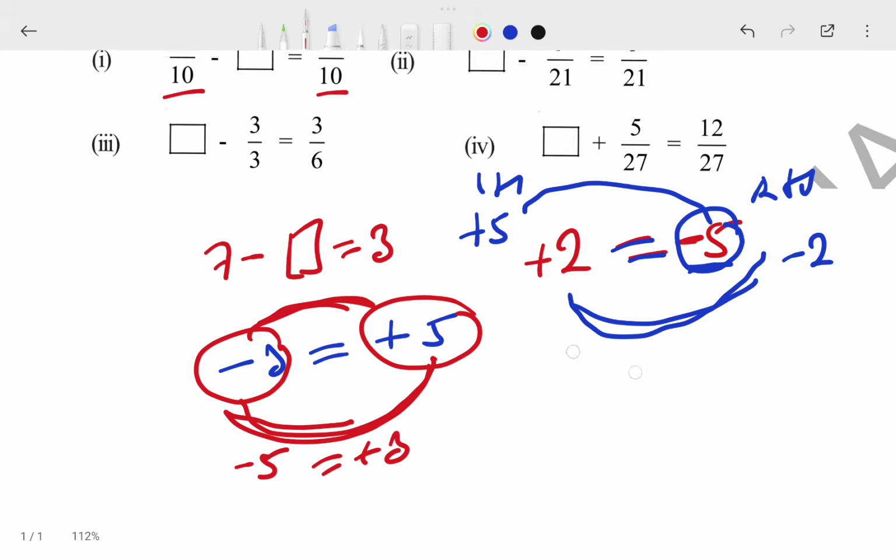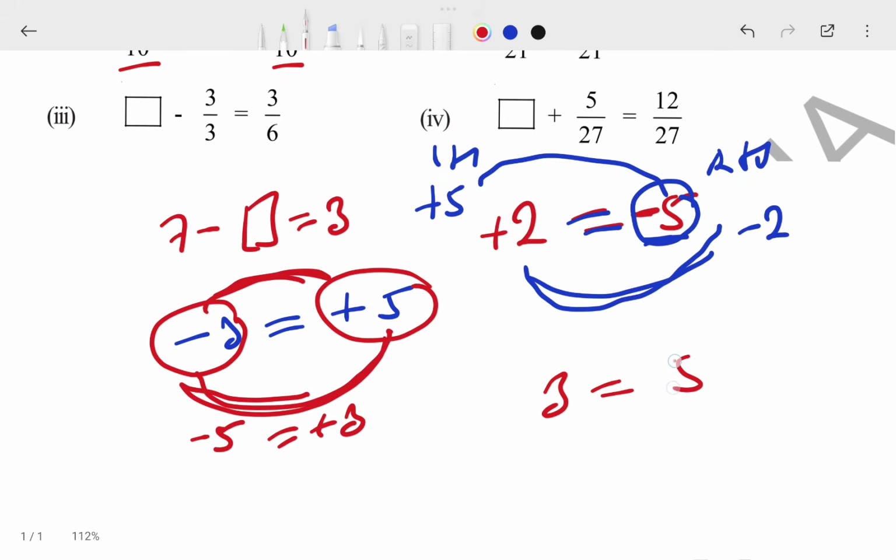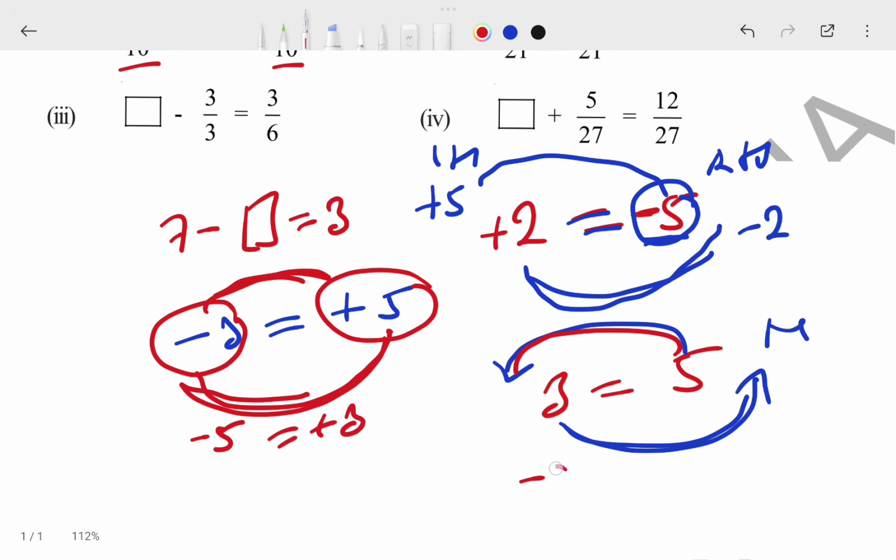Simply, suppose this is 3 and this is 5. If I convert this 3 to the right hand side and this 5 to that side, you know what will happen, it looks like that. This 5 will come here, so it becomes minus 5, because this is plus, it becomes minus, and this is equals, this is 3 now, going that side, it becomes minus 3.